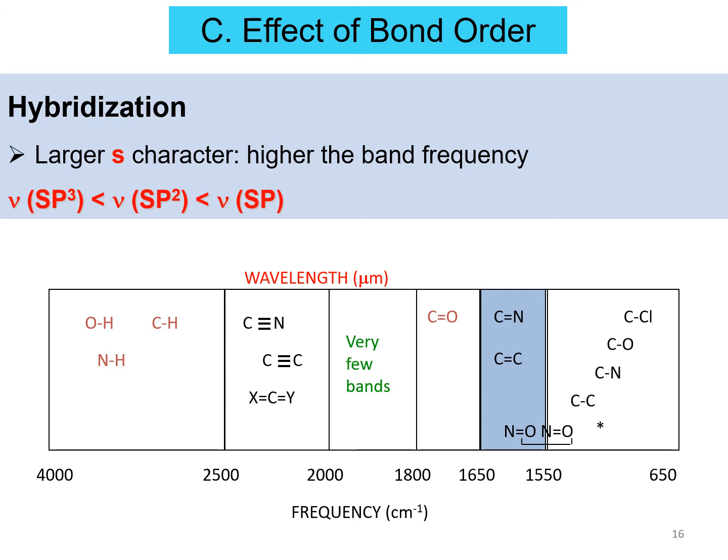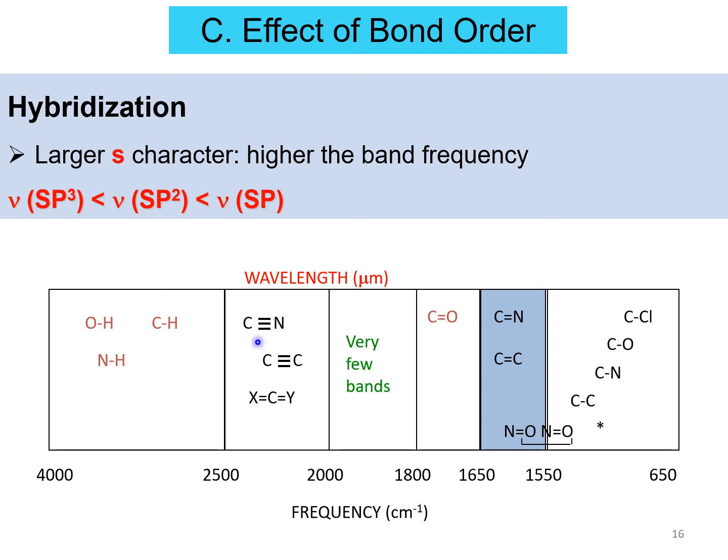Now the third one, the effect of bond order. That is basically the hybridization. It is known that the larger the S character, the higher the band frequency. So if we go from sp3 to sp, the S character is going to increase. In sp3, it is 25% S and 75% P. In sp2, 33.33% S. But in the case of sp, it is 50% S. So the higher the S character, the higher the band frequency.